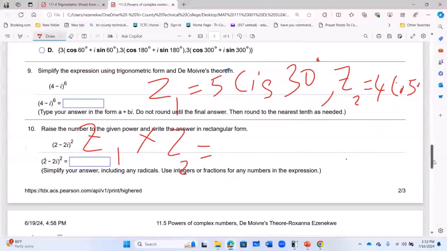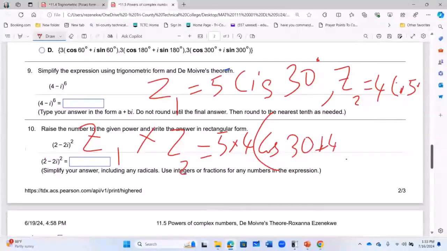So we are multiplying. I have 5 multiplied by 4, and I'm going to expand. This is cosine of the first angle plus the second angle. In other words, you add inside.